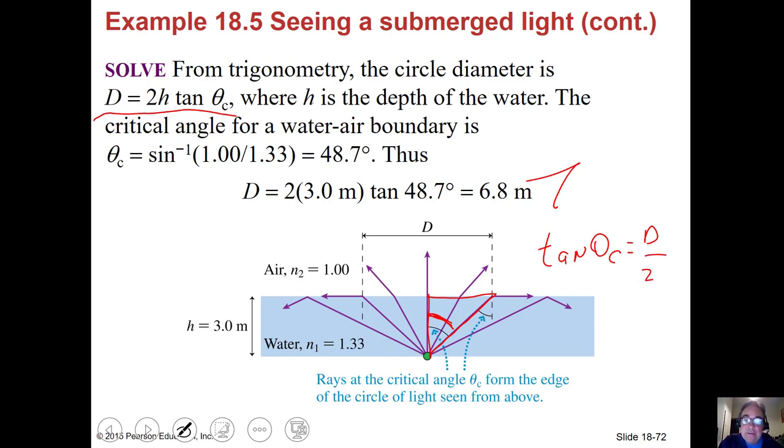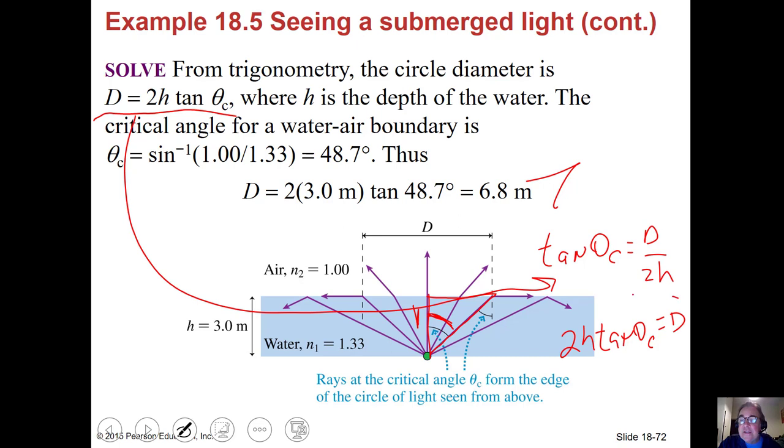And the adjacent side, that's the side over here, that's h. So when you do a little bit of algebra, that's where the formula, this one up here, comes from. You multiply both sides by 2h, tangent theta critical, and that's where d is actually coming from. So just from the definition of what the tangent of theta is.